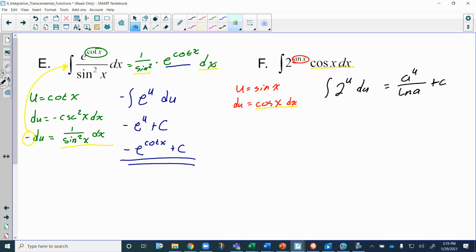So here I'm going to get 2 to the u power over the natural log of 2 plus a constant of integration.